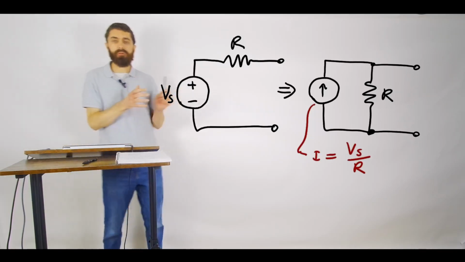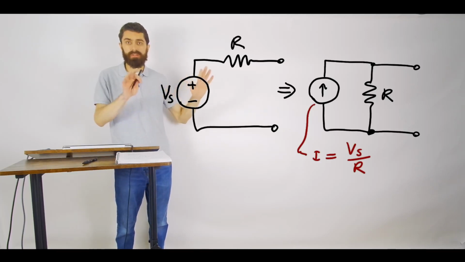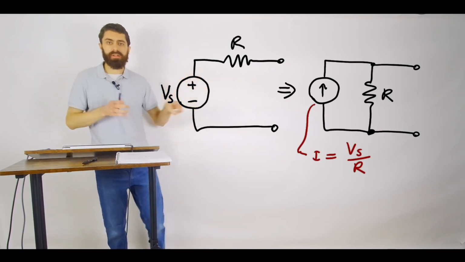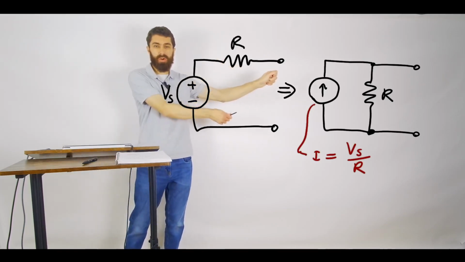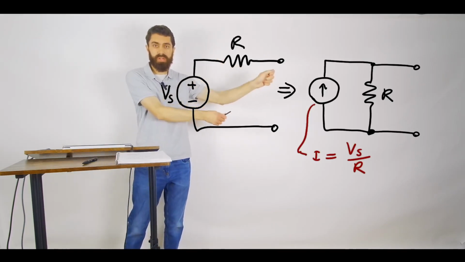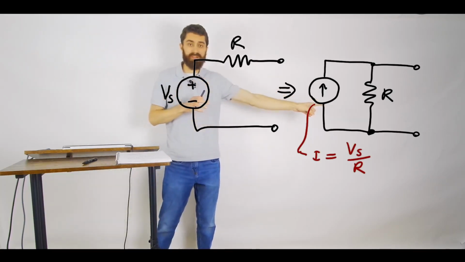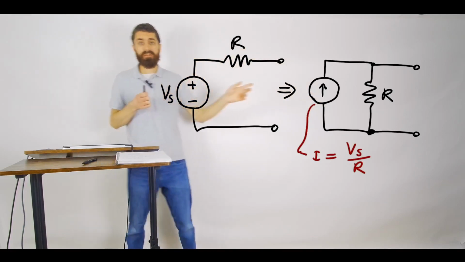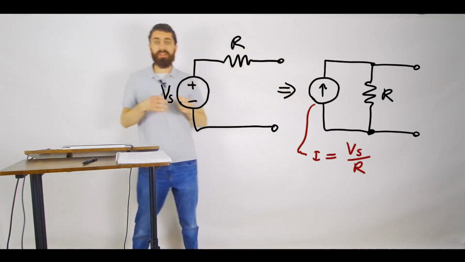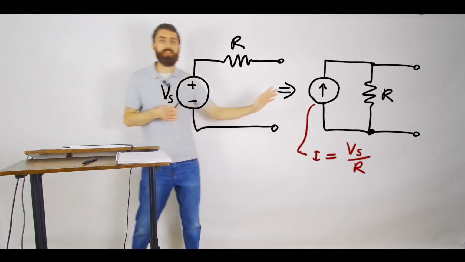And so this is a powerful concept because this works always. You can literally, in any circuit, if you see a voltage source and a resistor and it's connected somewhere between two nodes in a circuit, replace it with this and then solve the circuit. And sometimes doing this kind of replacement makes your problem much easier. You can also go the other way.